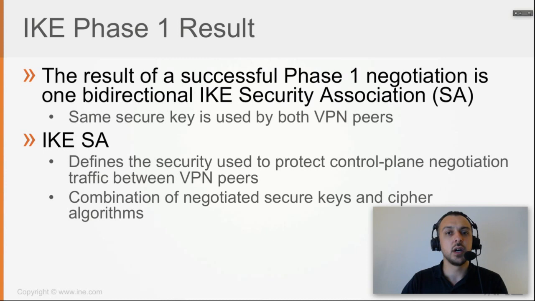It's a combination of the cipher algorithms negotiated and the keys negotiated. It's a security association which tells both VPN peers, when they send traffic back and forth to secure phase 2 negotiation, how they are going to secure that negotiation process. That's an SA.